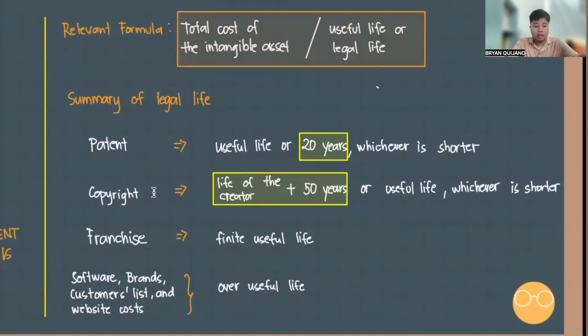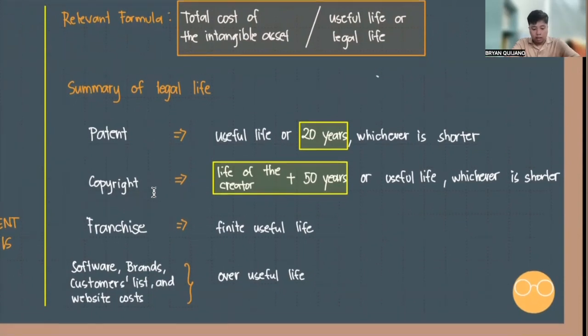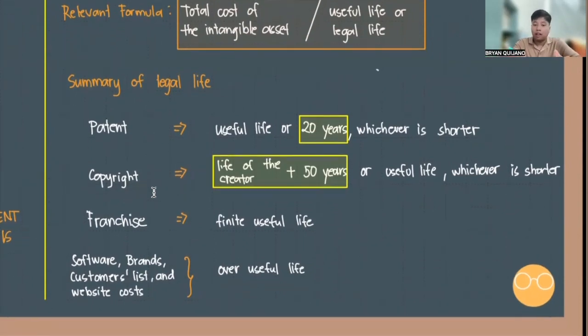To give you the relevant formula, that is the total cost of the intangible asset, the total capitalized cost under the accounting standards, which you're going to spread out using the useful life or the legal life. Here are the summaries of the legal life. For patents, it is the useful life or 20 years, whichever is shorter.